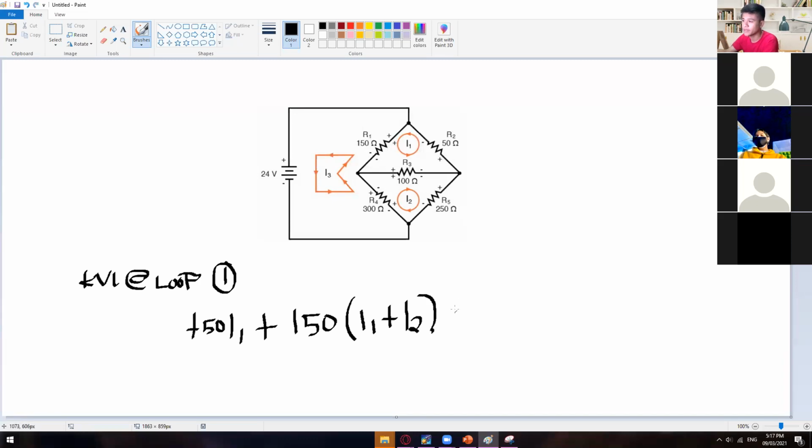For the last one, we have positive 100 times I1, and then again we have another current that is affecting R sub 3, so we also have to consider it. So if you're going to take a look at their sign, we have positive positive and then negative negative, so they will add up with each other. So I1 plus I2, equal to 0. So this is our equation number 1.